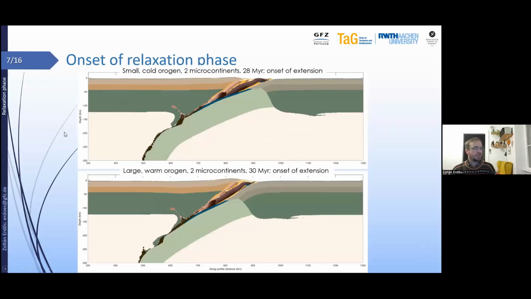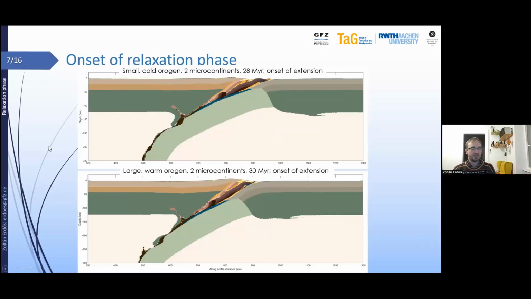So at the onset of thermal relaxation, this is two models where I had the two microcontinents. In the shortening phase, they get stacked, and I create these two orogens. There's 2 million years of difference between the shortening times of these models. It's the same model. This one I have stopped at 28 million years of compression, and this one I have stopped at 30 million years of compression.